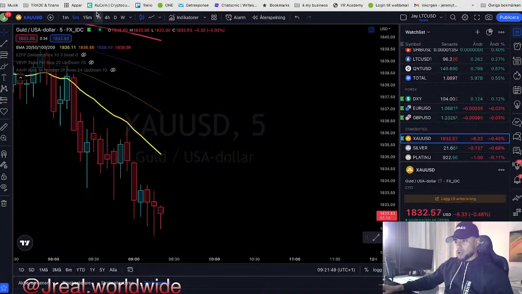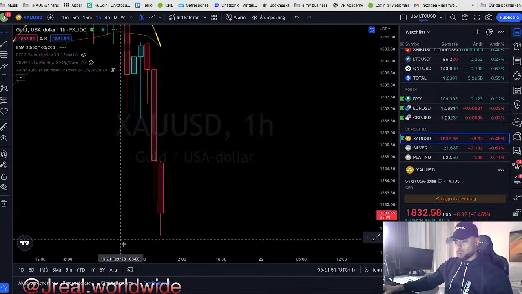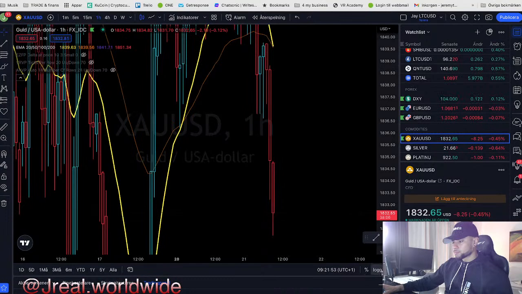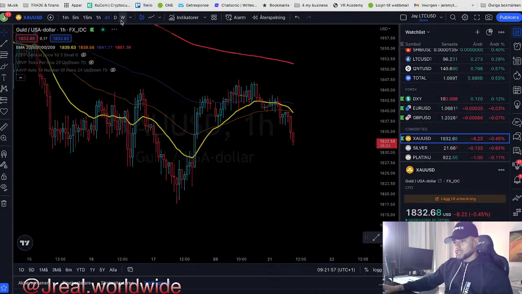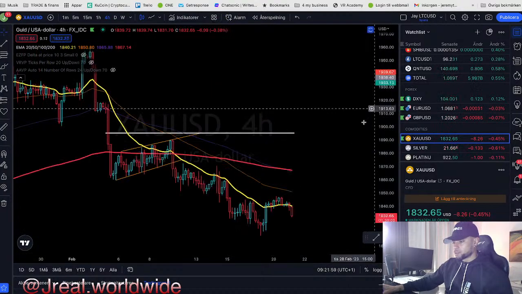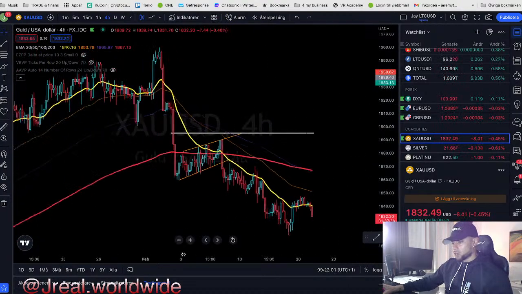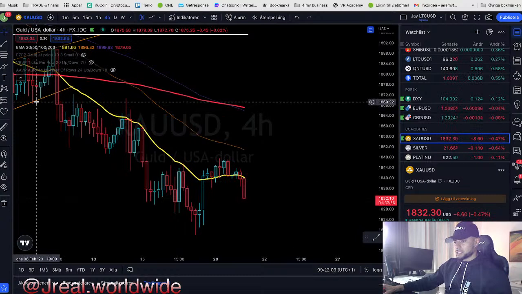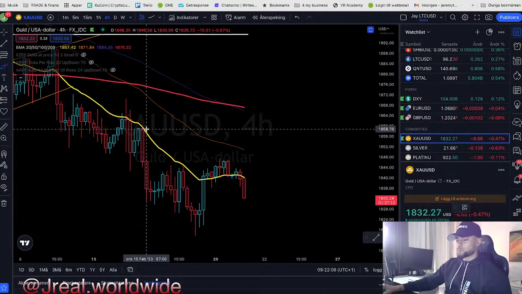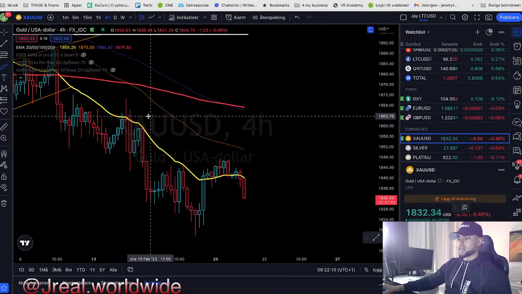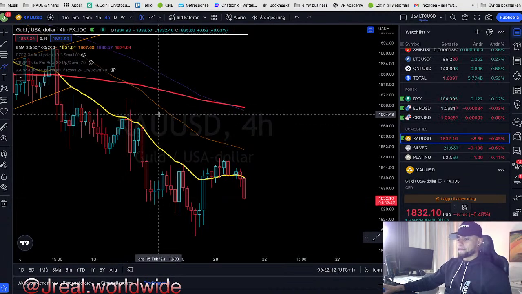Let's get back to gold. All right, gold, 1 hour time frame. Let's go to the 4-hourly time frame to get some perspective, see where we are. So what you can see here is, because gold also likes to respect the 20-day EMA, especially on a bigger time frame.